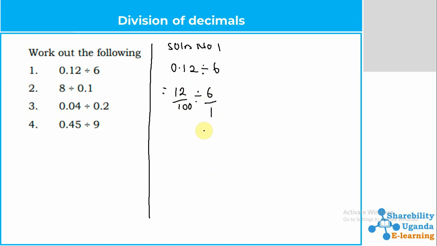That is still this number. So now here we can still come up with our 12 out of 100 times the reciprocal of this. This is going to be 1 out of 6. So now here we shall come up with our answer.